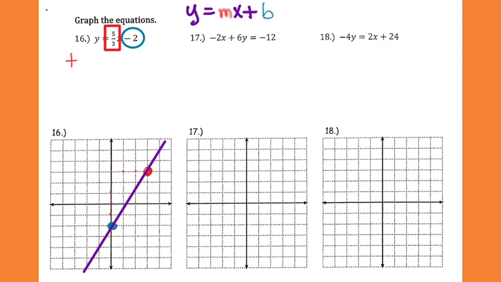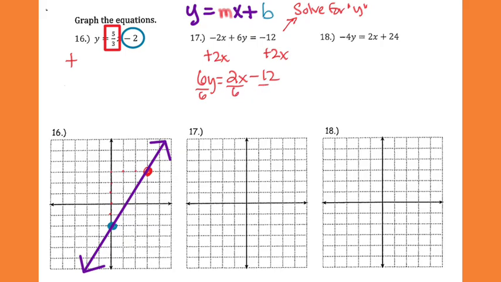On 17, I can either use a t-table and solve for my x and y intercepts, but if I glance at this, if y is 0, x would be 6, and I don't have 6 on this graph. So I'm going to go ahead and solve for y so I can fit it on the graph. I'm going to add 2x to both sides because it's negative, so I use the inverse operation.